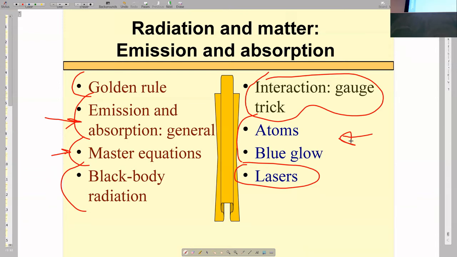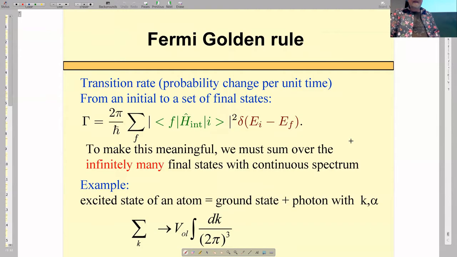Fine, so let us start with this strange formula, which is called Fermi's Golden Rule. Golden is because it's such a useful measure that Fermi called it golden. And you might think that Fermi was the one who invented this formula.